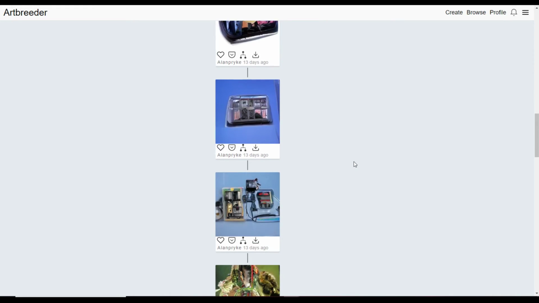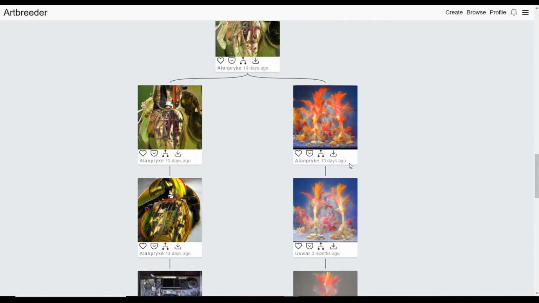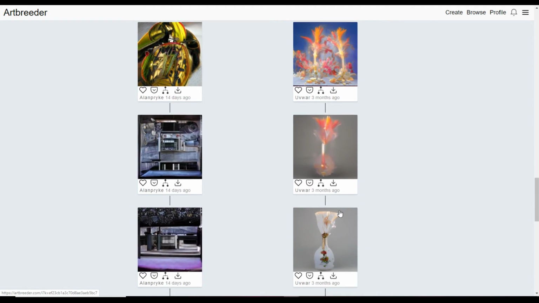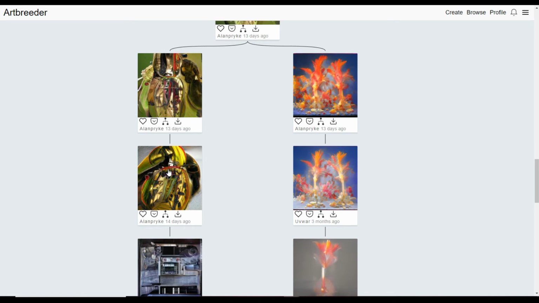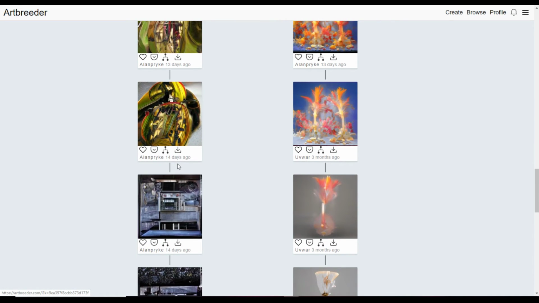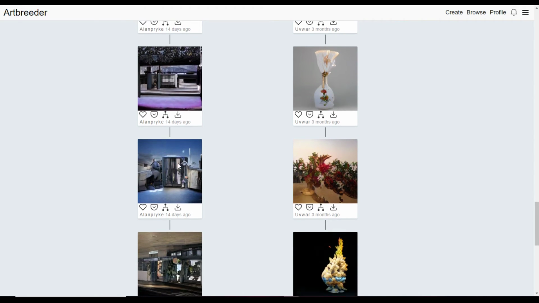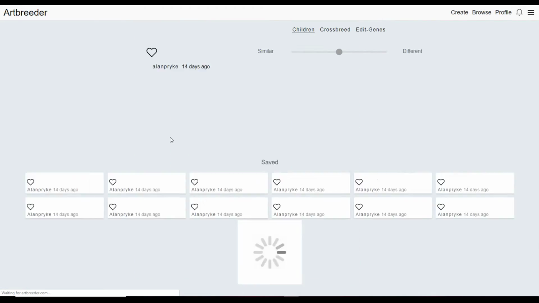So before that crossbreeding, we had some sort of fungusy or algae looking things. And over on this end, we had, I don't know, sort of building looking things.